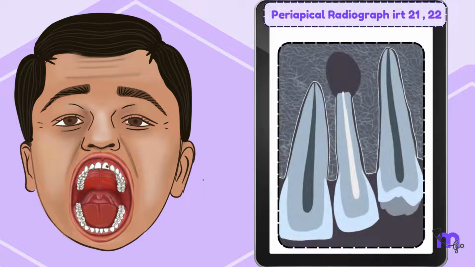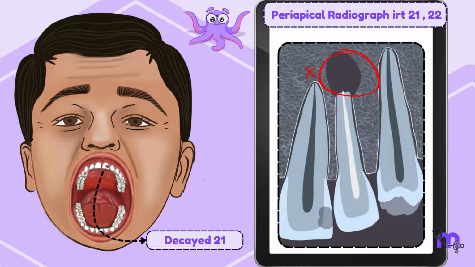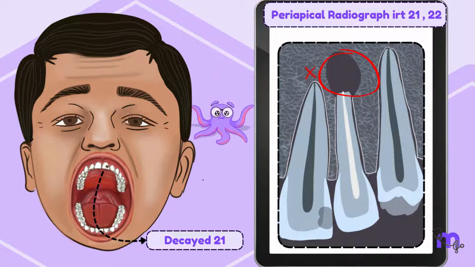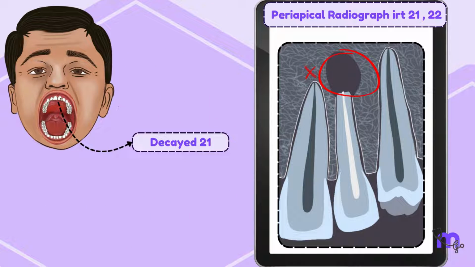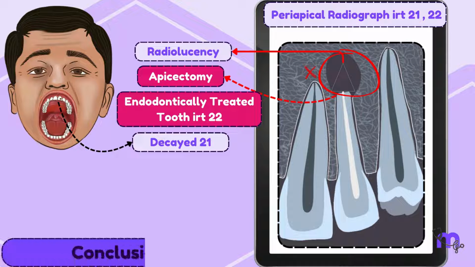The radiograph was meant to rule out a periapical change in a patient who came with a decayed 2-1. Instead, it led me to the pathology on the periapical region on 2-2. The patient revealed that he had undergone a minor surgical procedure called episectomy along with endodontic treatment for 2-2. I concluded that the radiolucent lesion was a surgical defect.